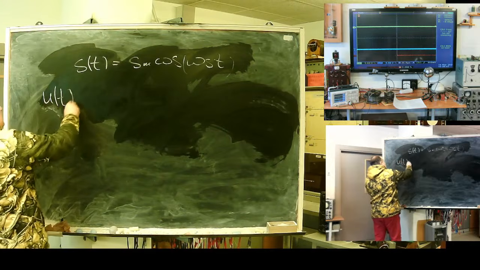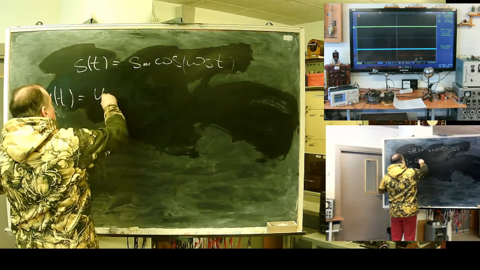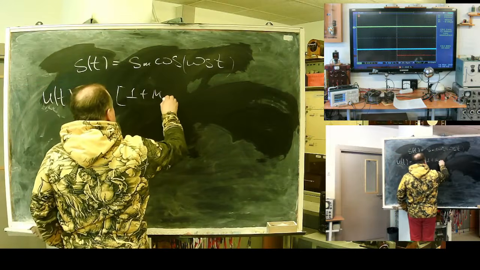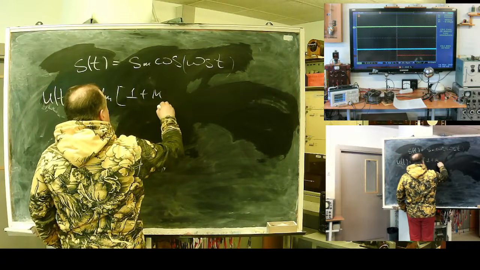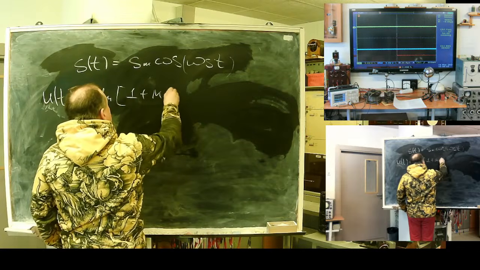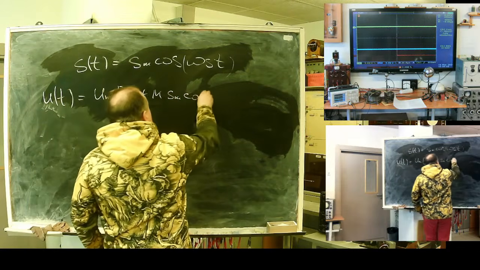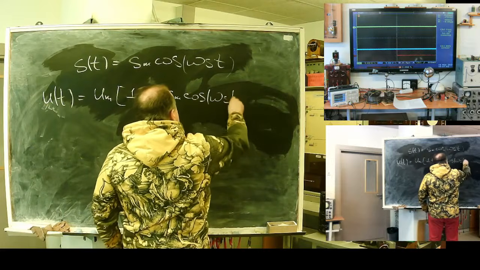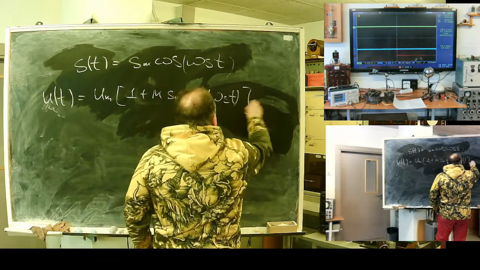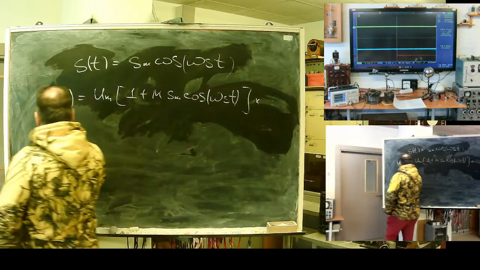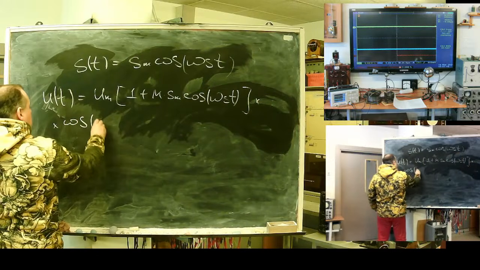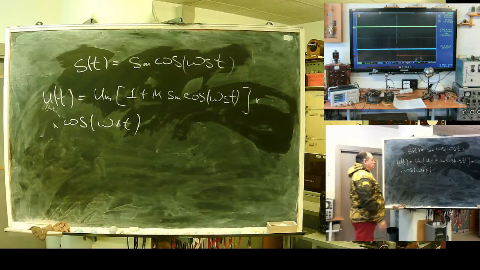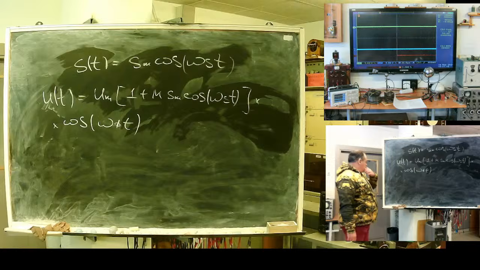So the transferable signal will be 1 plus m multiplied by s maximum multiplied by cosine of omega s t, multiplied by cosine omega 0 t. For simplicity, I assume phase 0.